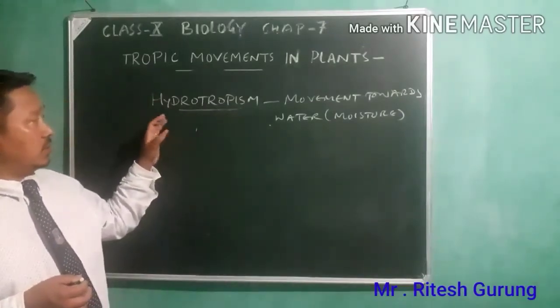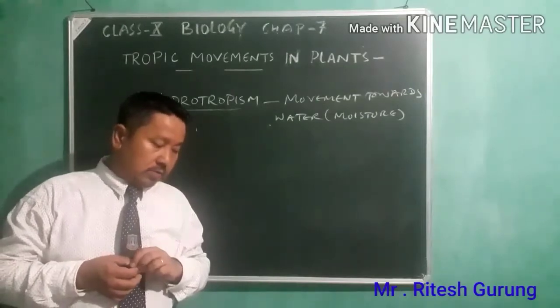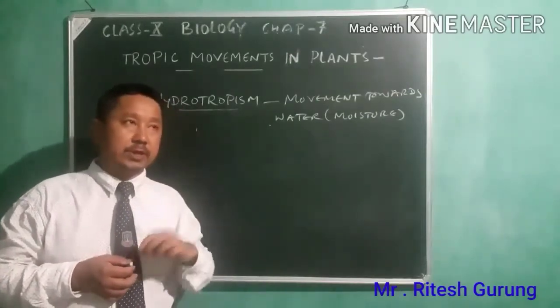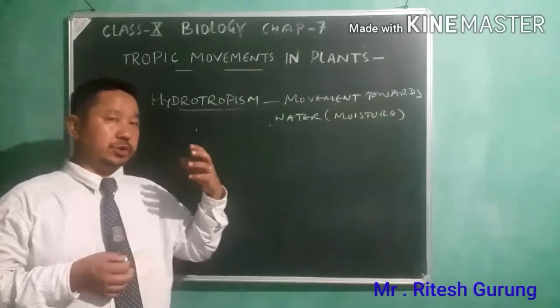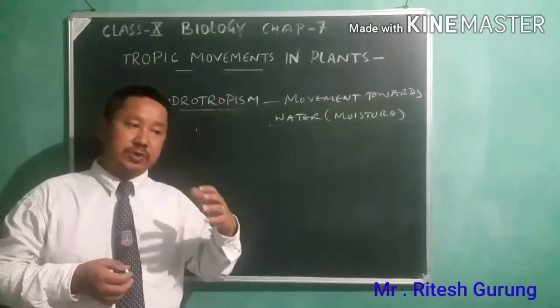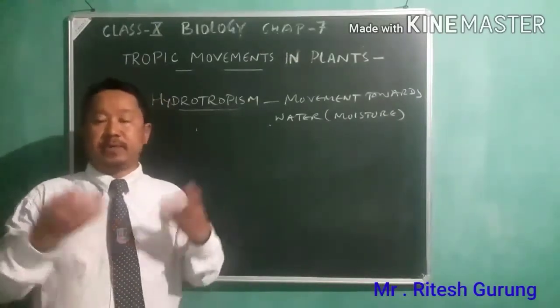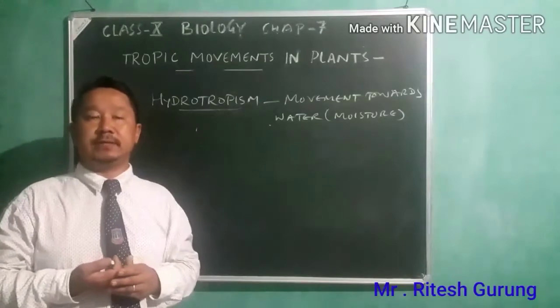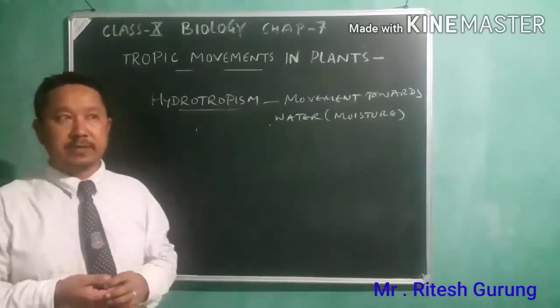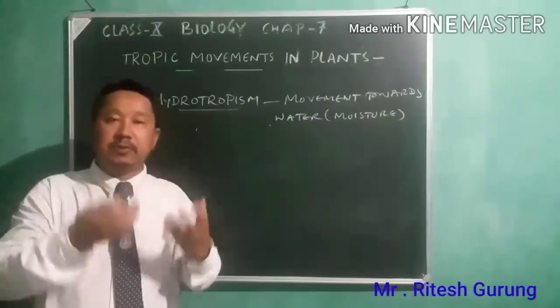Phototropism. Then we had which one? Geotropism. Geotropism means movement towards the gravity. Gravity means out here Earth's gravity. Every heavenly body has got gravity or attractional force, which is called gravity, but here particularly we are talking about the gravity of the Earth.